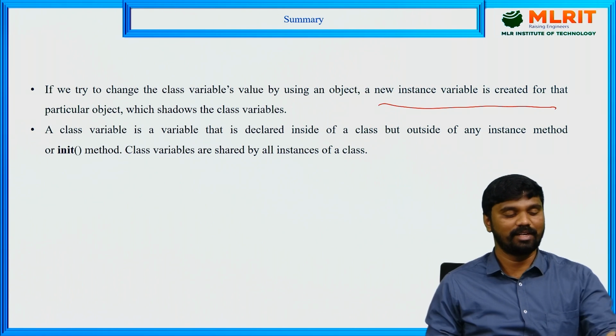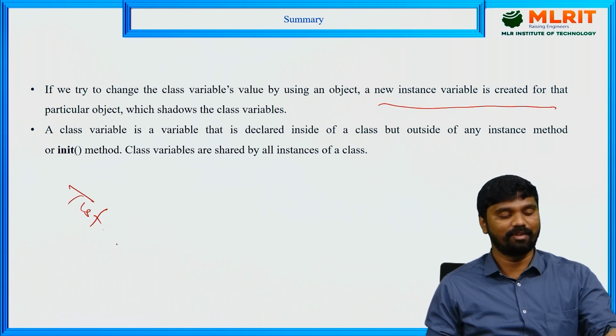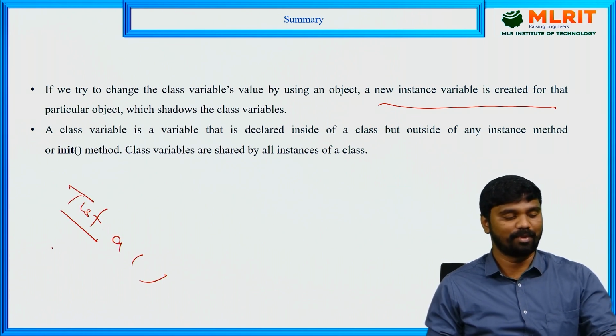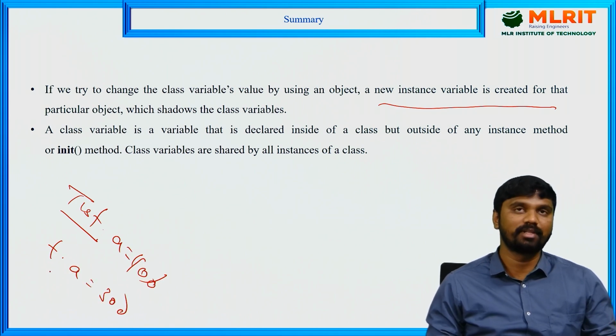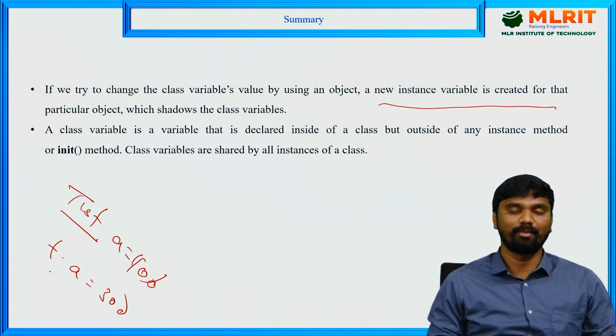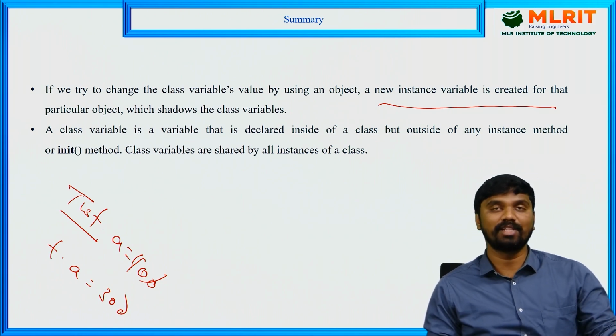Generally we change static variables by using the class name, but if you try to change it by using the object, then what will happen? A new instance variable will be created.